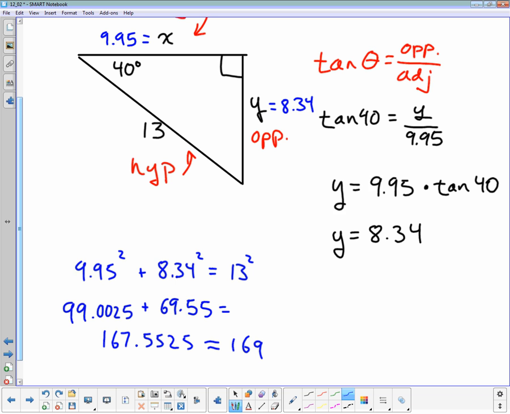And if you gave yourself more decimal places and did this with more decimal places, you would have a better answer. Oh, yeah, I'm off a little bit. You're right. Good call. It was 168. Even better. So it's an even better approximation than we thought, right? So it's pretty close. All right.